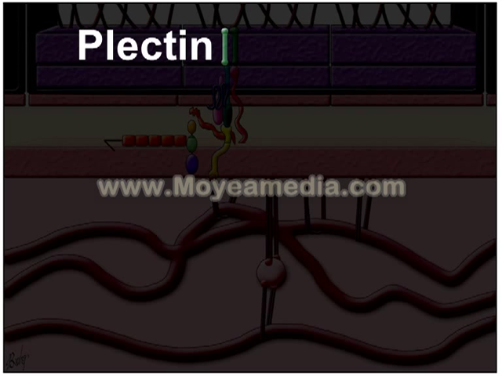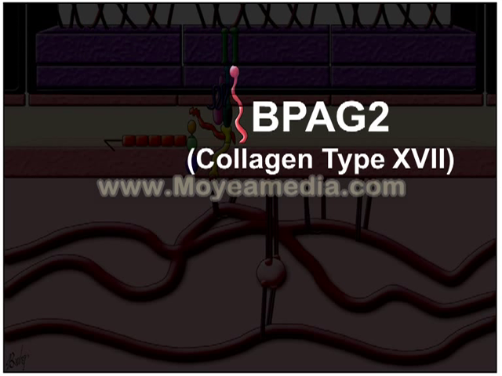Plectin is located in a similar location. BP antigen 2 is the key antigen in pemphigoid and is actually a transmembrane antigen located both within the cell and within the lamina lucida.